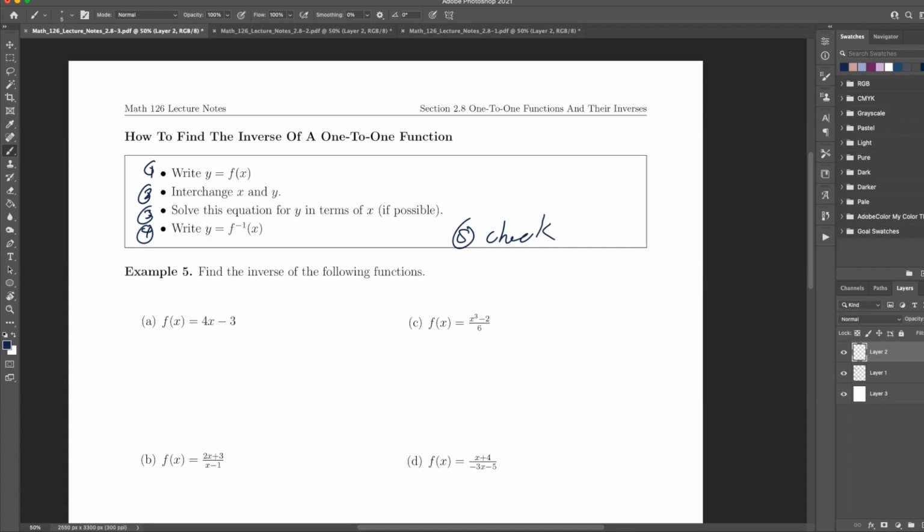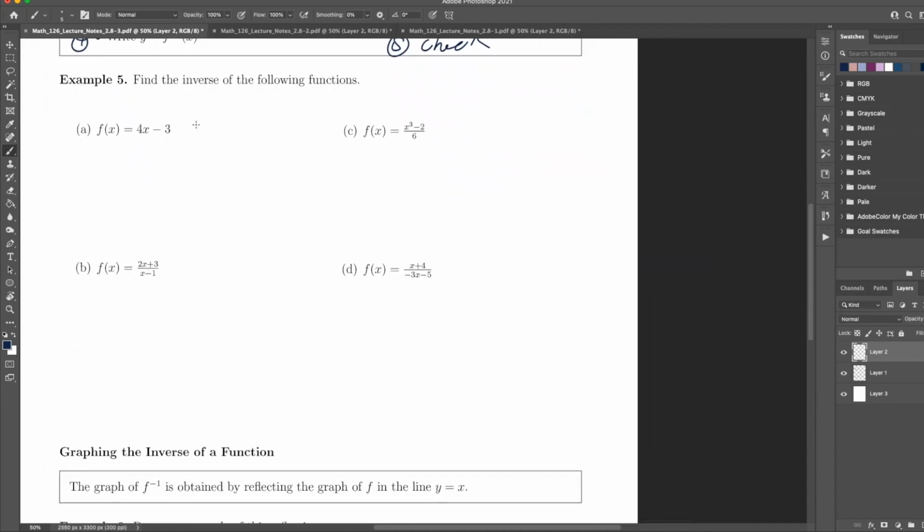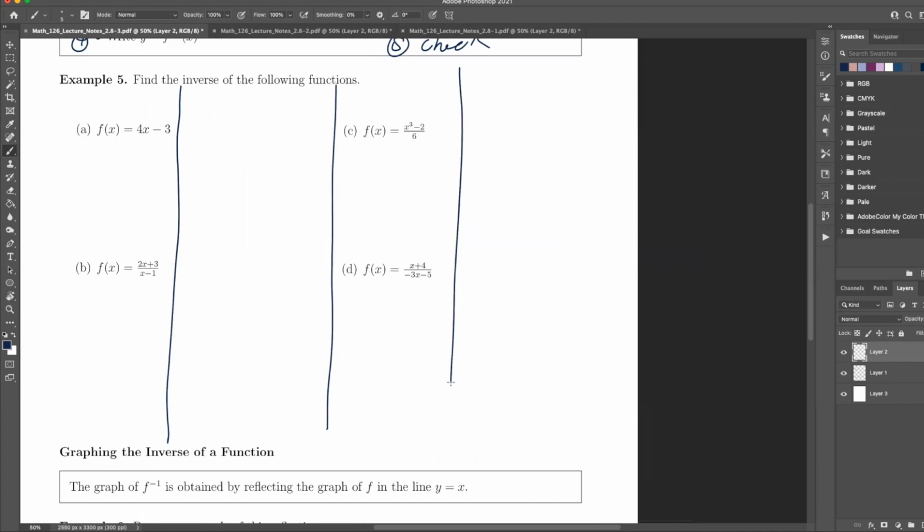Let me do some formatting stuff. So notice here I left myself a lot of space, and that's because I want to work down. And so I'm going to give myself columns to work in. There we go. And just put a little line right here. So I'm going to work down this way and finish here per problem.